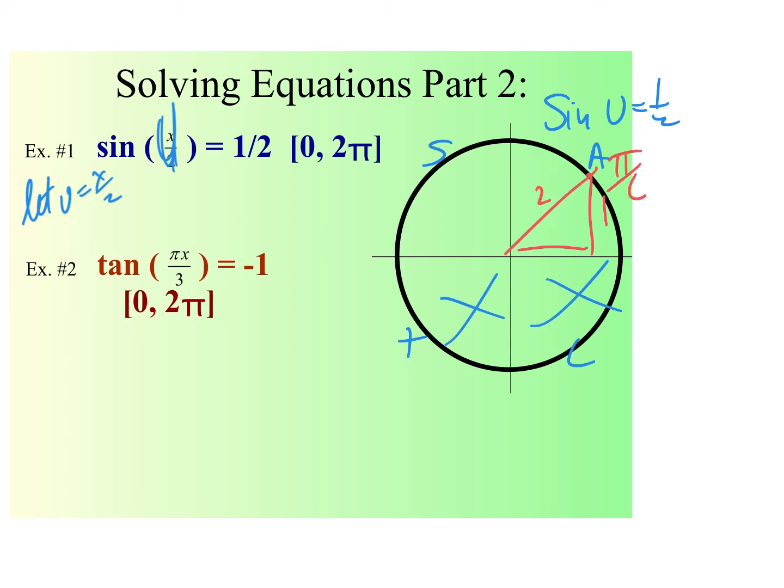My gosh, the answer keeps on coming out to pi over 6. In this case, it's a bunch of pi over 6s, 5 pi over 6. Can I stop? No, because I now know that u equals pi over 6 and u equals 5 pi over 6. Everybody, think about what the next step is right here.